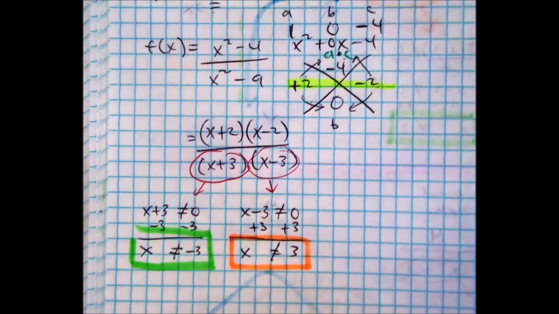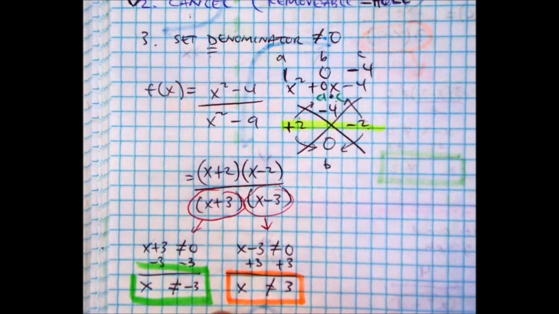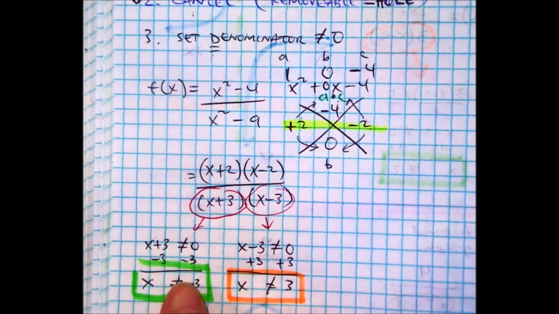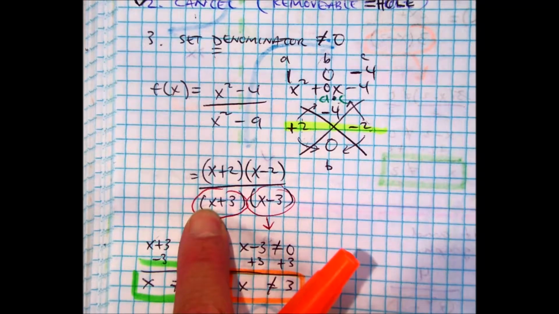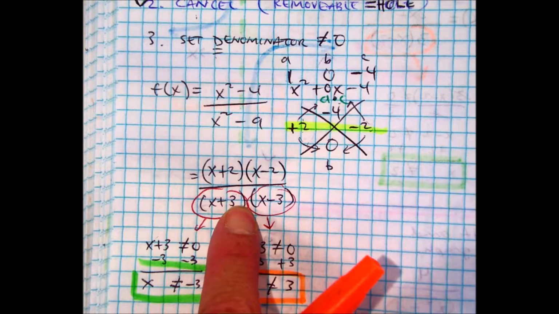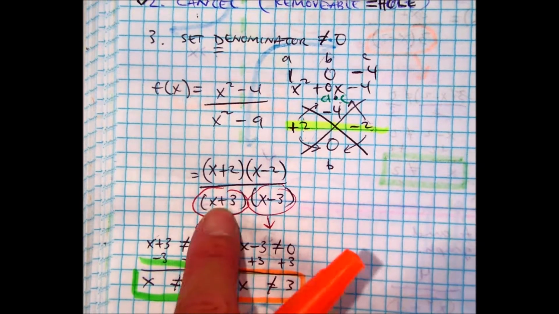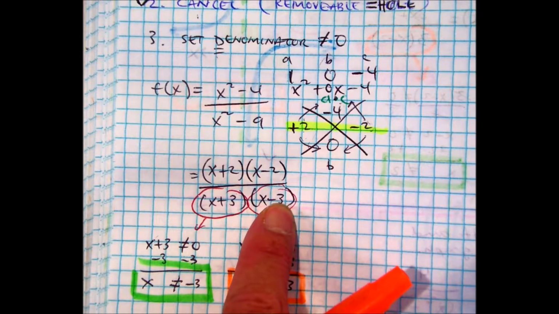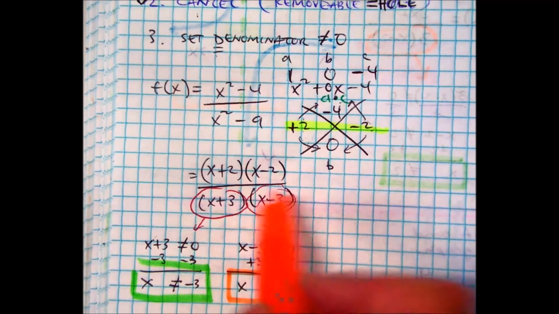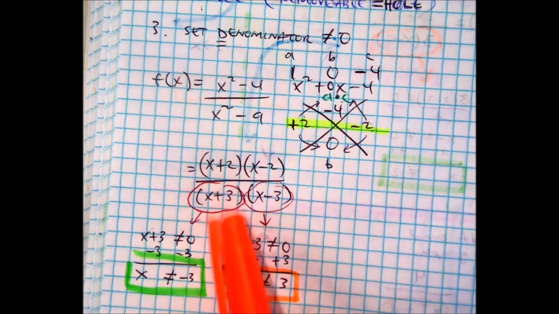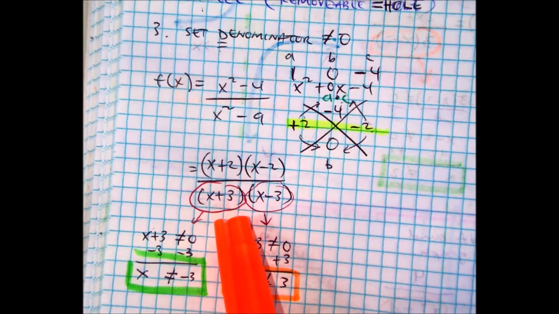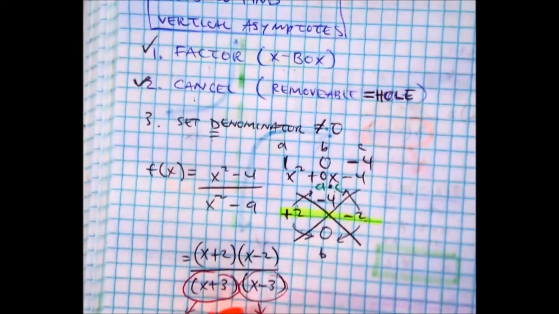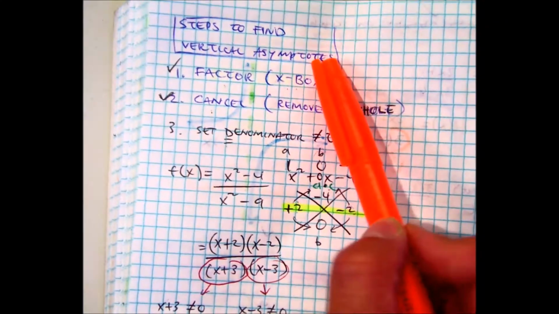Alright, so hopefully this will all make sense now. If you take x at negative 3, class, what's negative 3 plus 3? 0 times anything. This is all 0. Something divided by 0 is undefined.